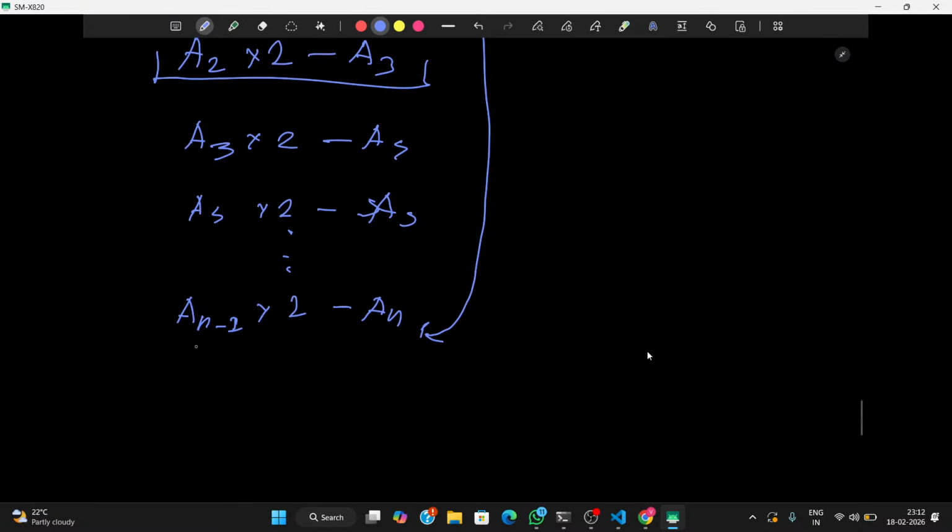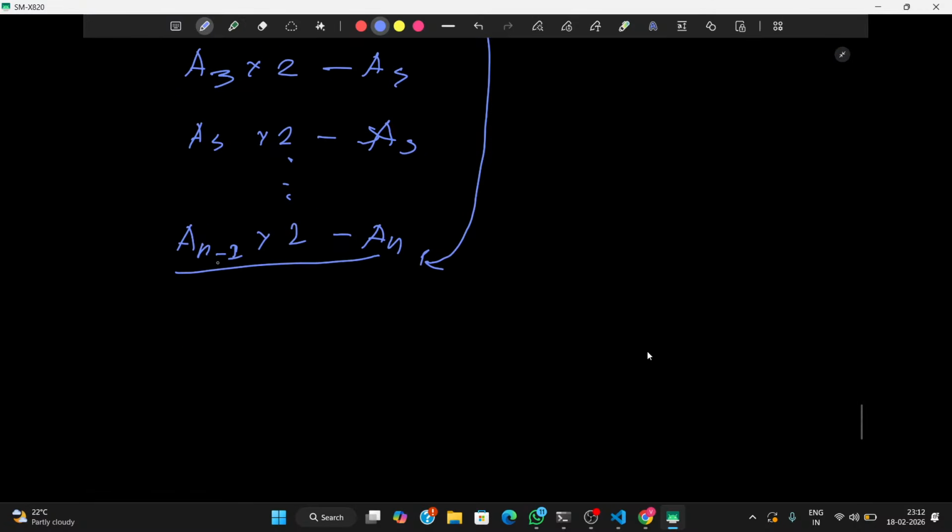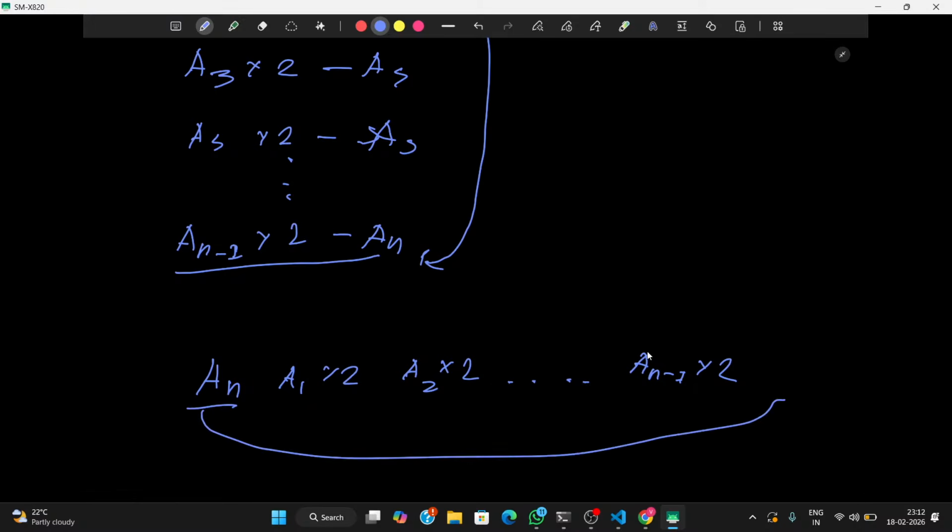And one more thing that we need to see here is after we multiply AN minus 1 by 2, the array will look like AN is here, A1 into 2 is here, A2 into 2 is here, and then A of N minus 1 into 2 will be here. Now, if you are thinking, can we multiply AN by 2 and put it here again, the answer will be AN into 2 minus A1 into 2.